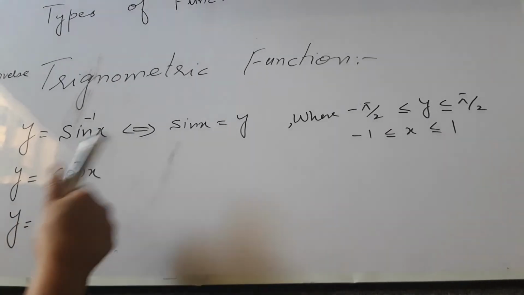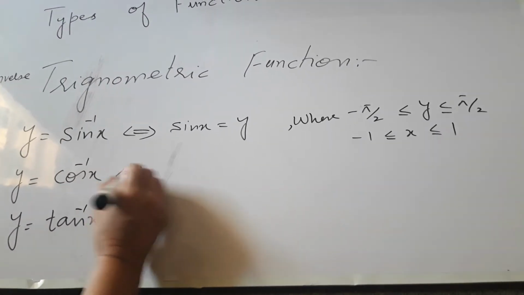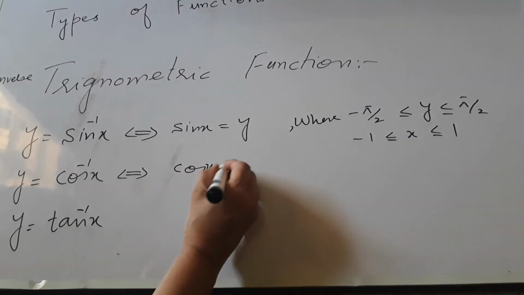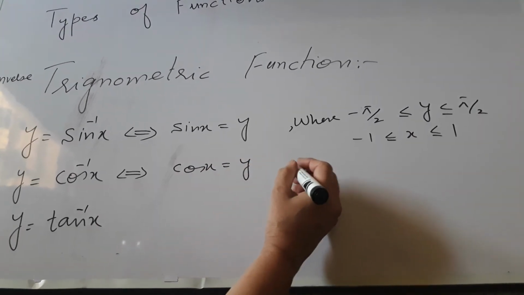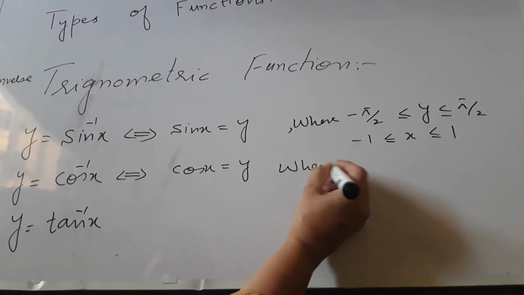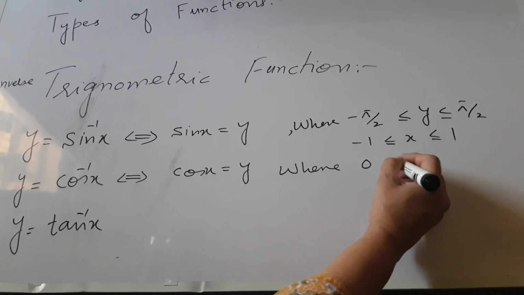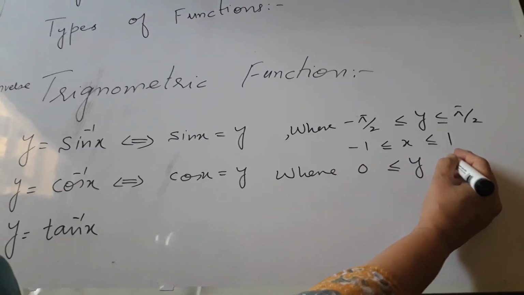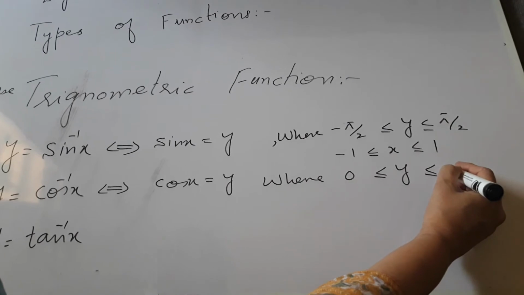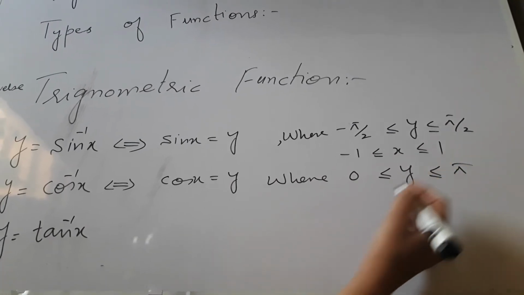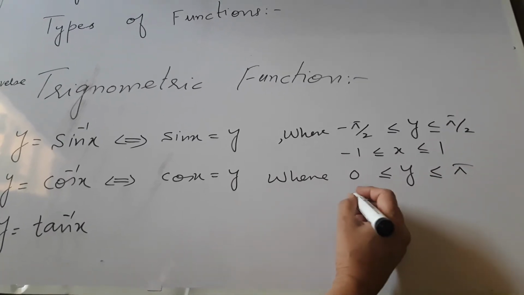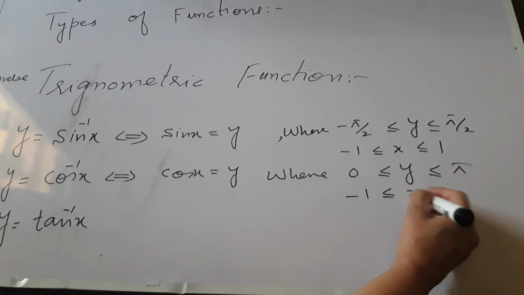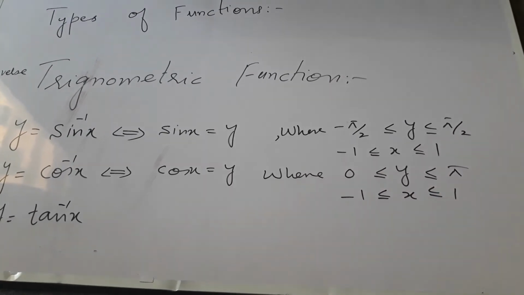Similarly, y is equal to cos inverse x if and only if cos of x is equal to y, where 0 is less than or equal to y is less than or equal to pi, and x lies between -1 to 1.